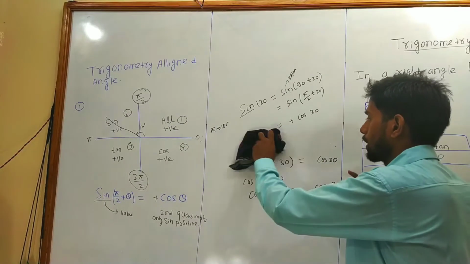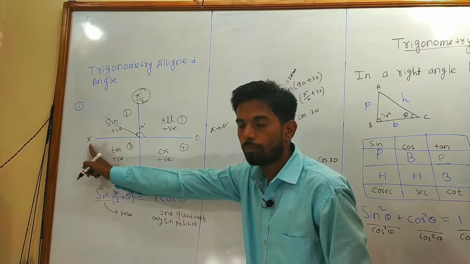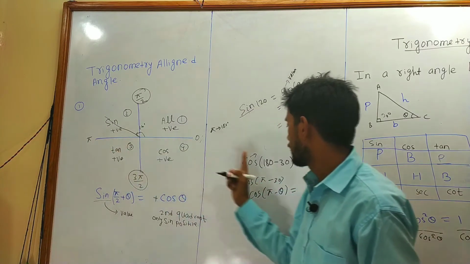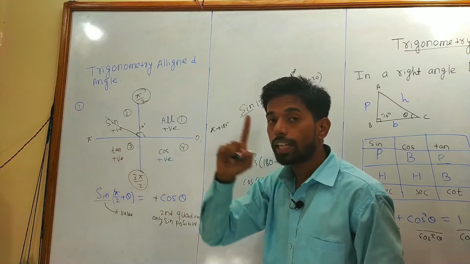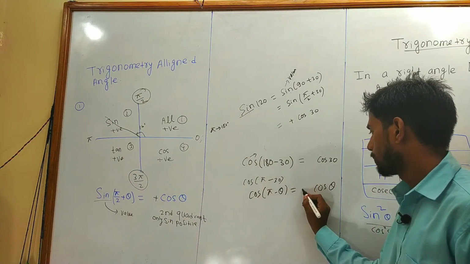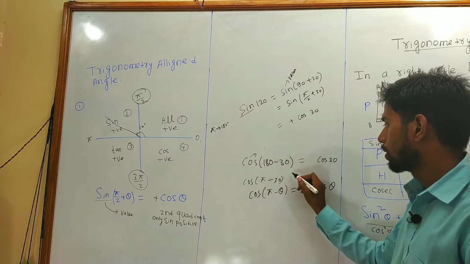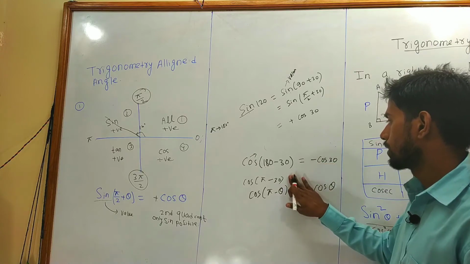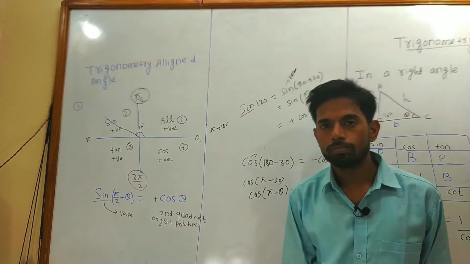Where it lies, you check. 180 degree minus 30 lies in the second quadrant. And in the second quadrant only sin is positive, cos is negative. That's why we have to write negative here. So cos 180 degree minus 30 will become minus cos 30 degree.